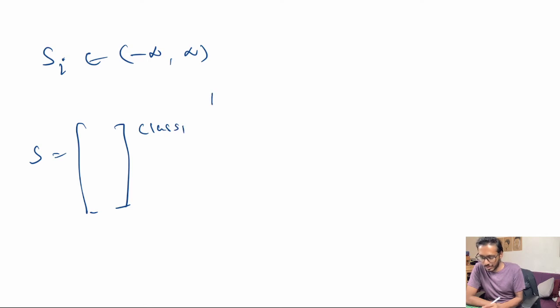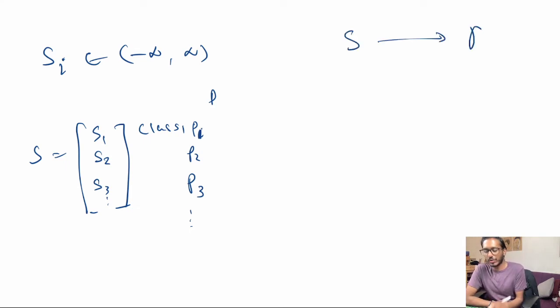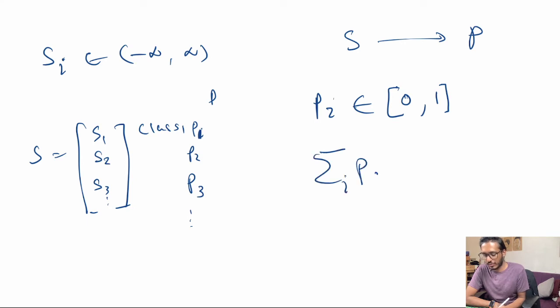So class 1 probability, we'll say P1, P2, P3, etc., because we have S1, S2, S3, etc. as the scores. Similarly, what we want to do is to convert our score into a probability. And again, our goal is to get a probability so that Pi is in the range of 0 to 1, and that the sum of all Pi would be equal to 1.